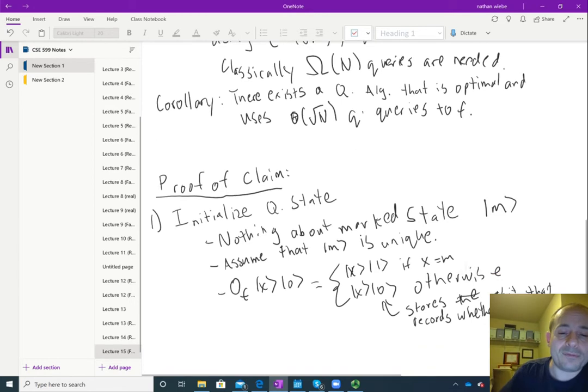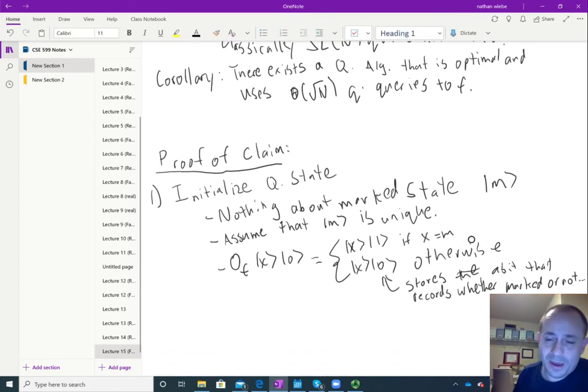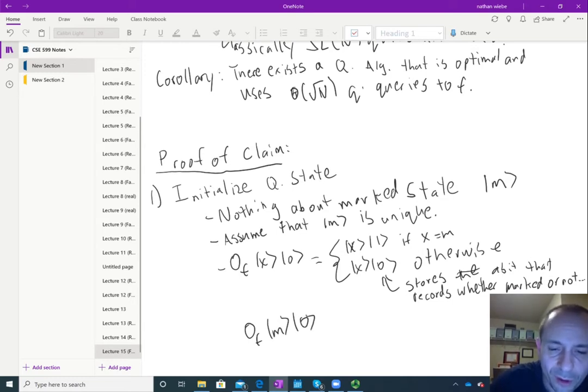So OF implicitly kind of knows what our state is, because it will map M0 to M1. So if we're lucky enough to just guess what M is, then we can actually do this in one query. But it's not likely we're going to guess right the first time, especially if there's 2 to the n items.